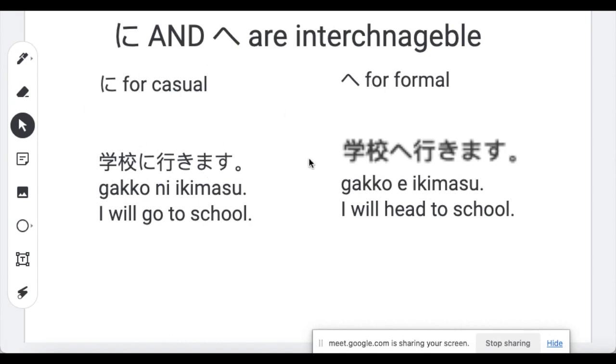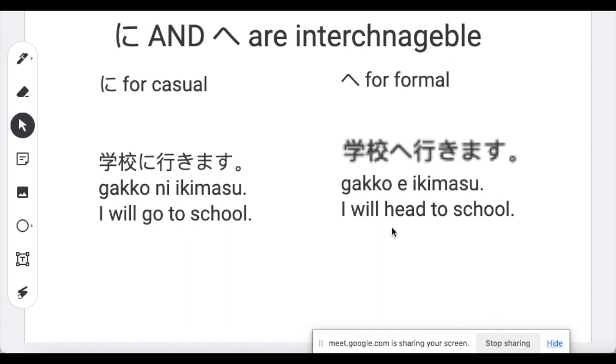So this is interchangeable because it defines the action of going and coming, so here you can define it. Ie ni ikimasu, we can say 'going toward home', but for 'being in the house' we cannot use e. So this is correct: eki ni ikimasu, eki e ikimasu, koen e ikimasu. This is more formal. We are not using it in Japan in usual communication. But when it comes to typical conversation in business, I used to use ni.